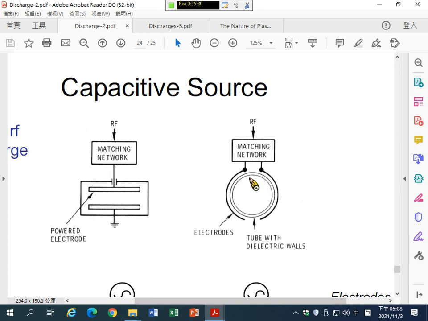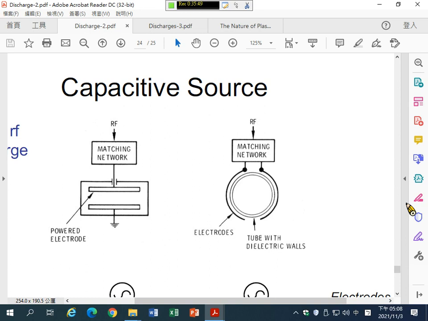So there will be an electrical field between the left side and the right side of the quartz tube. And if the electrical field is high enough, they can generate a plasma.